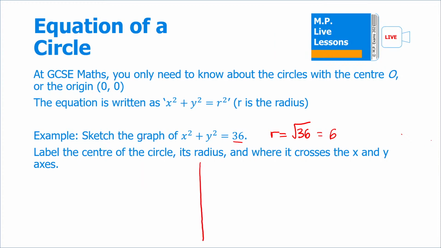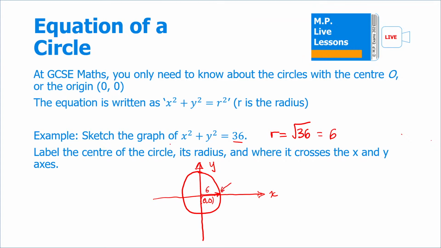So if I sketch this out, the y-axis and the x-axis, I'll try and draw a perfect circle. What you'll get here, I'll try again. It's almost something like this. So its radius from the center is 0, 0, and it extends out to the right by 6.